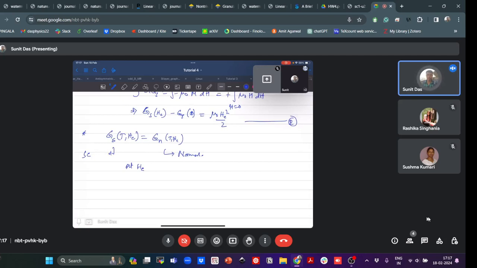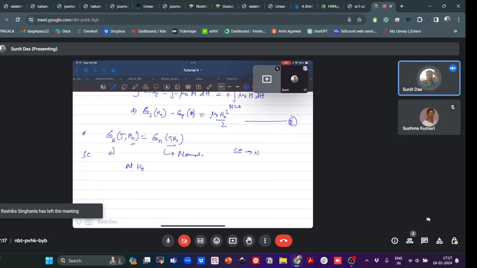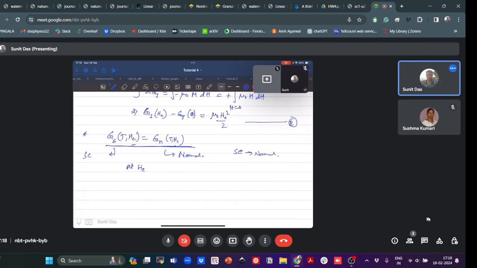That is the transition. I had a superconductor, I start applying magnetic field and increasing it. At H equal to Hc, the superconductor becomes a normal system. So the Gibbs free energy for these two systems at a particular temperature becomes the same when it reaches the critical magnetic field value Hc.